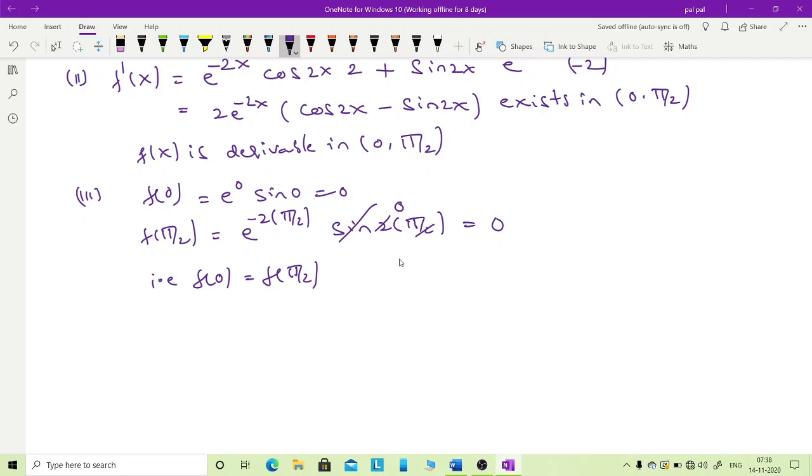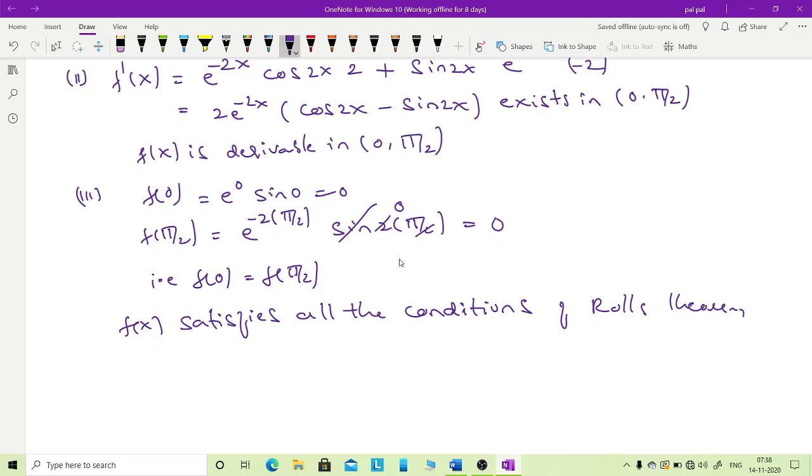Hence f of x satisfies all the conditions of Rolle's theorem. So therefore, there exists c belonging to 0 to pi by 2 such that f dash of c is 0.